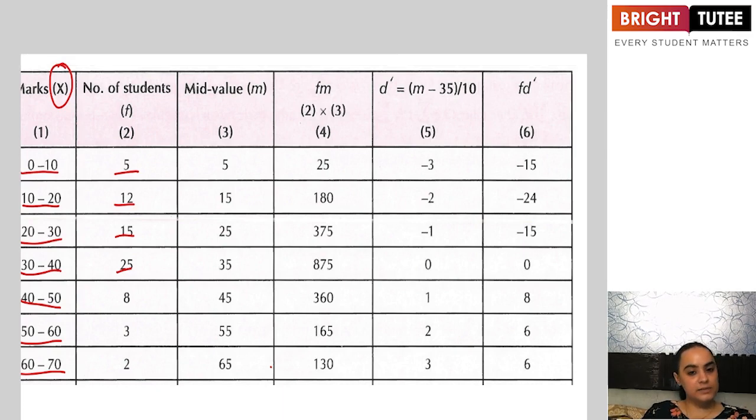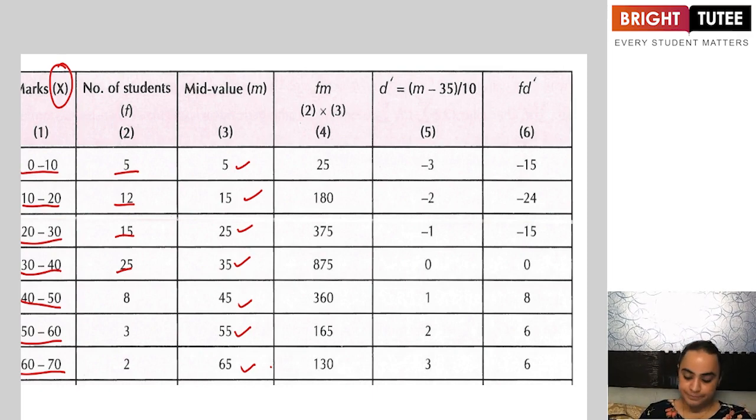Middle value, as we've learned, 0 plus 10 divided by 2 is 5. 10 plus 20 divided by 2 is 15. So 25, 35, 45, 55 and 65. So these three steps will have to be the same no matter whether you are calculating using the direct method, the assumed mean method or the step deviation method.